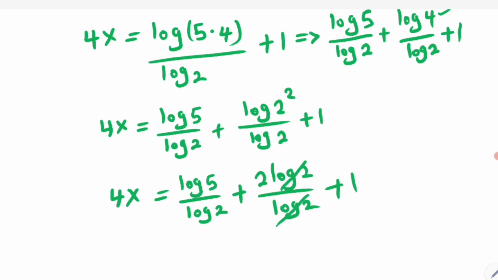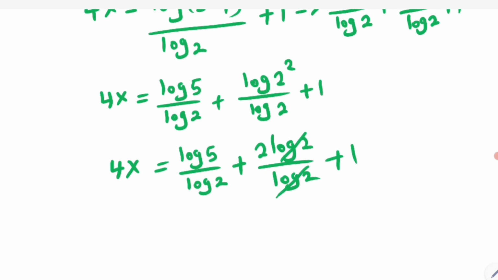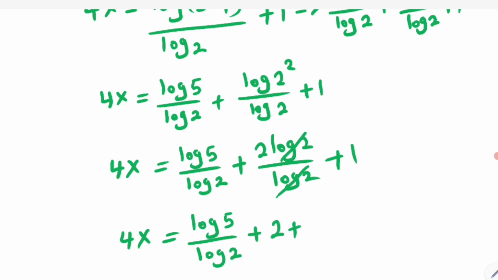This log 2 cancels this log 2. 4x is equal to log 5 over log 2 plus 2 plus 1. This is same thing as log 5 over log 2 plus 3.